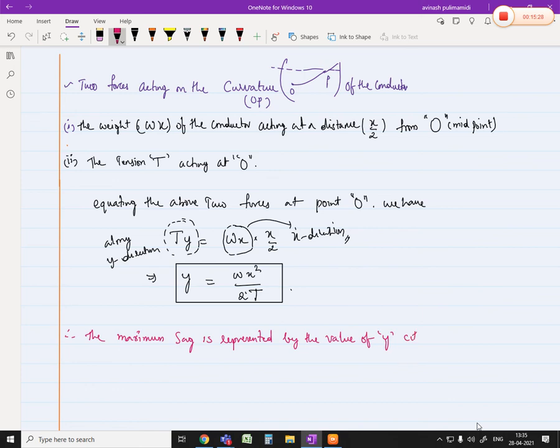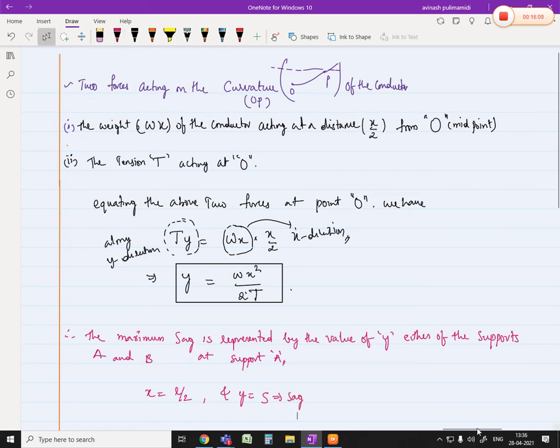For either of the supports A and B, let us take support A. What is the value of x? X is nothing but L by 2, and what is the value of y? Y is nothing but S. What do you mean by S? S is nothing but the sag representation. Yes or no?